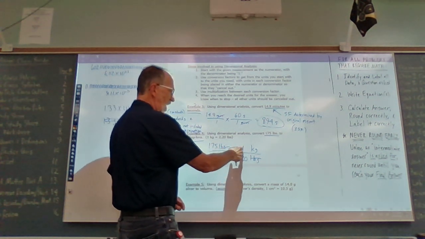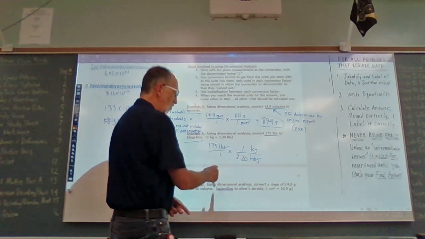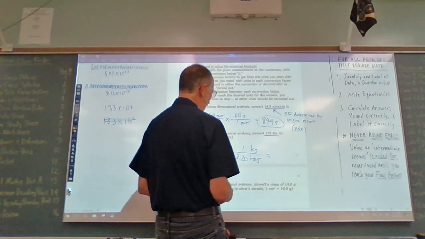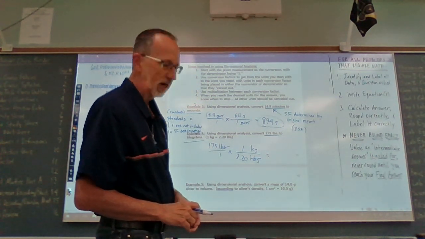So 175 times 1 is 175, 1 times 2.20 is 2.20, so we're just going to take 175 divided by 2.20.